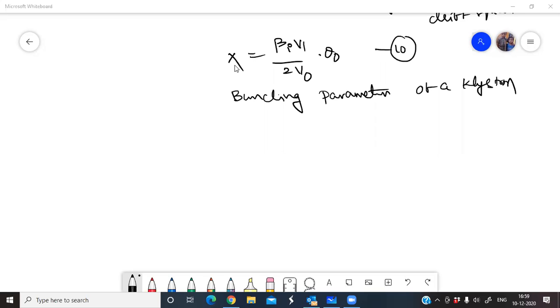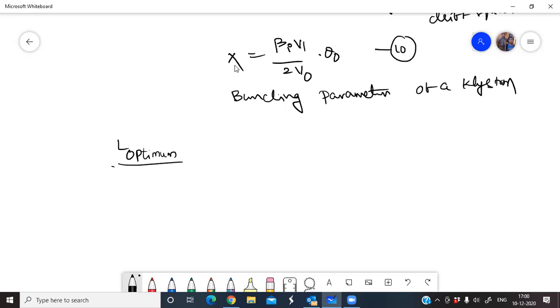So there you have to talk about the current. That means the drift space converts the velocity modulation process into current modulation process. Now I want to write the optimum distance L, that is L optimum.